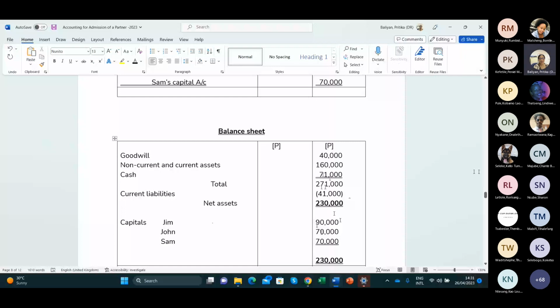So 50,000 plus 20 becomes 70,000. Sam brought 70,000 as capital. When you add, the total is also 230,000. So net asset is equal to the finance supplied in the business. Are we together? Okay.